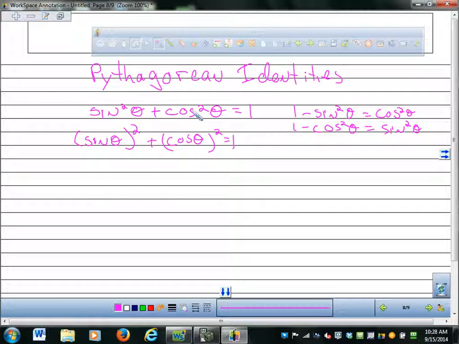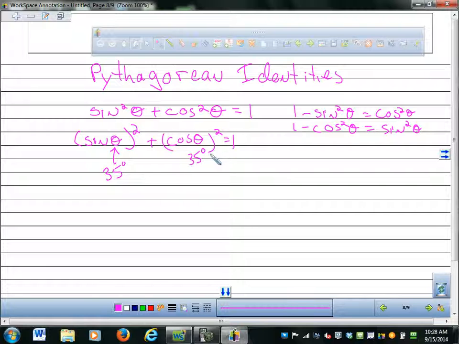So if I were to take like 35 degrees, or any angle I want, and I take the cosine of that angle, square it, and the sine of that angle, square it, and add them together, I'm always going to get 1. If you don't believe it, you could try it on your calculator.